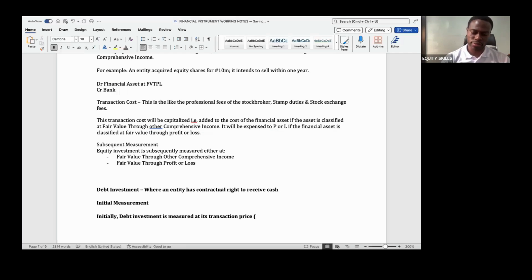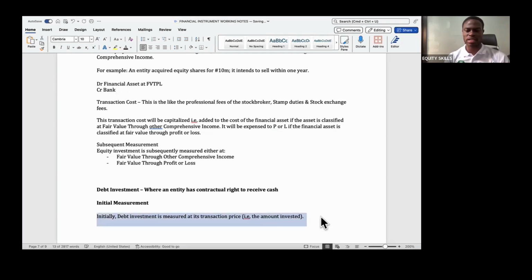That is, the amount invested. So basically, the amount you invested, that's how much you measure your debt investment. It's as simple as the principal amount.